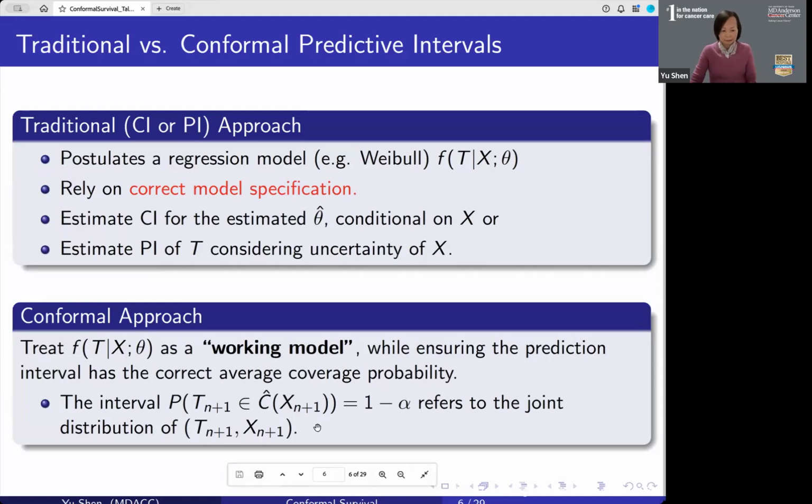So for a new patient with X sub n plus 1, we can estimate the uncertainty range for her survival time, for example, with a probability of 90%. And here we need to consider the joint distribution of T and X.